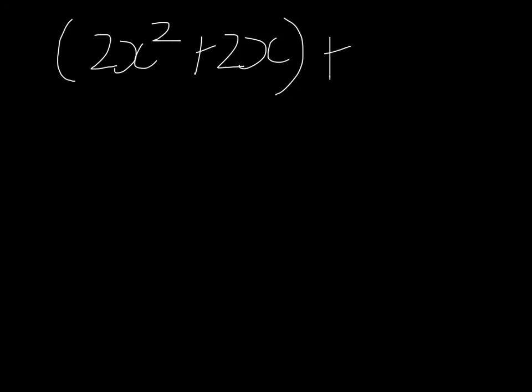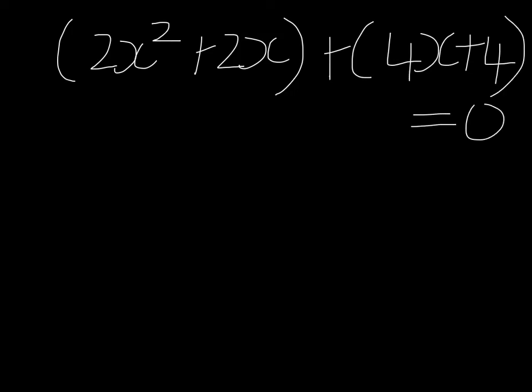So we're going to break that down. We've got 2x squared plus 2x plus 4x plus 4, and that's equal to 0.